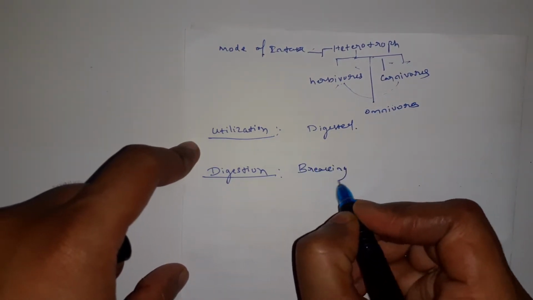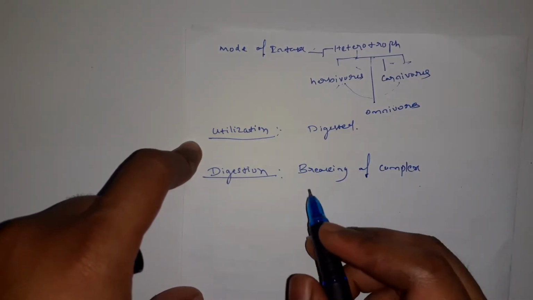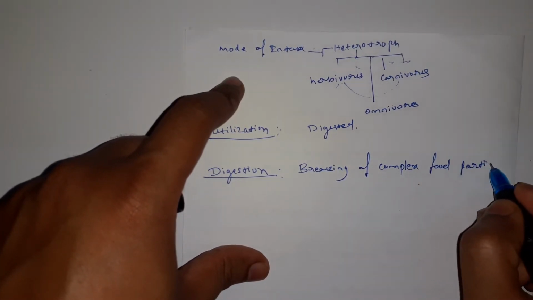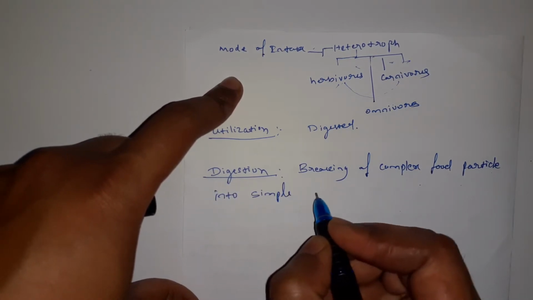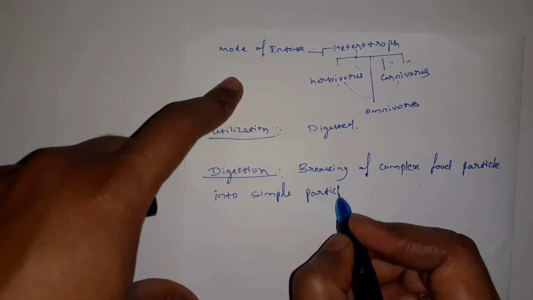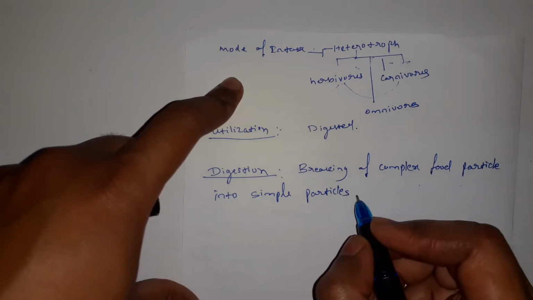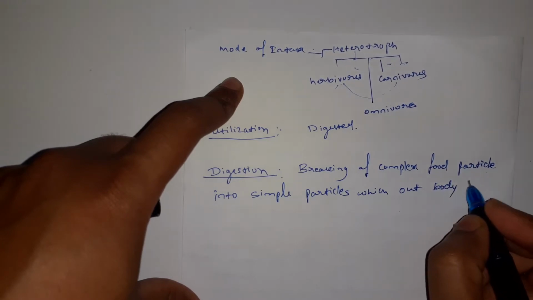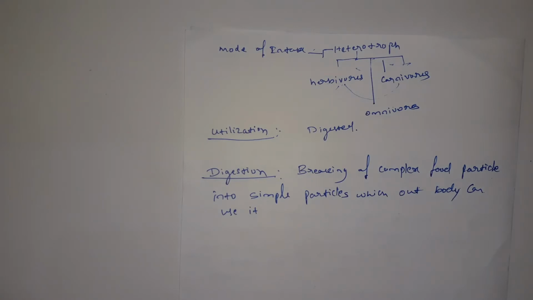Breaking of a complex, meaning very difficult, food particle into simple particles, which our body can use. Digestion happens in two ways. Physical digestion is there, chemical digestion is there.